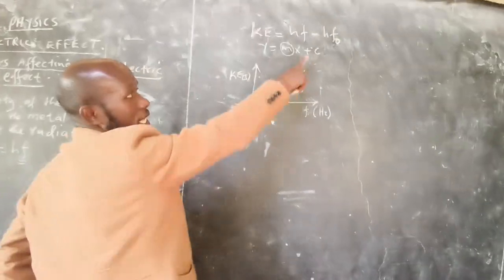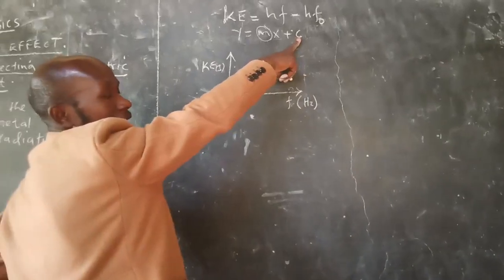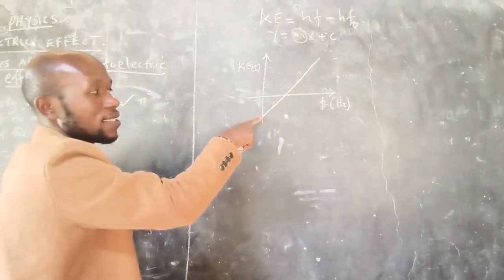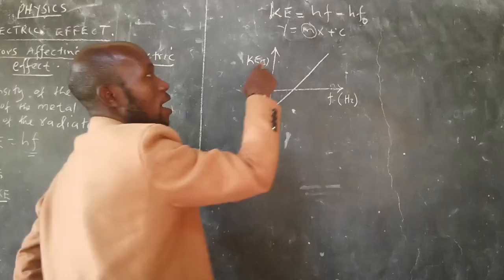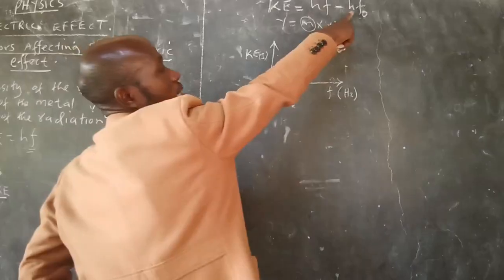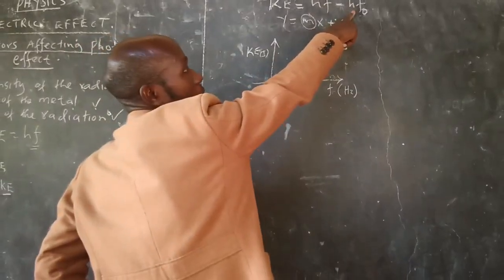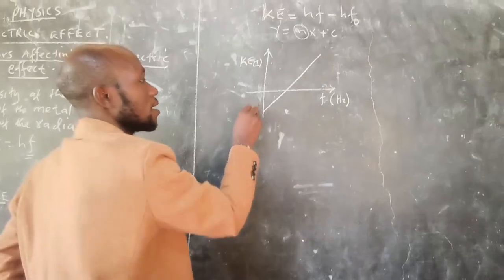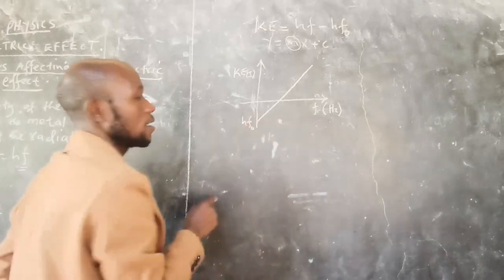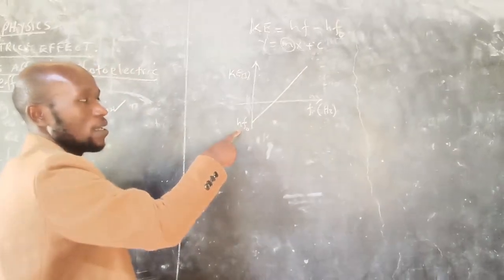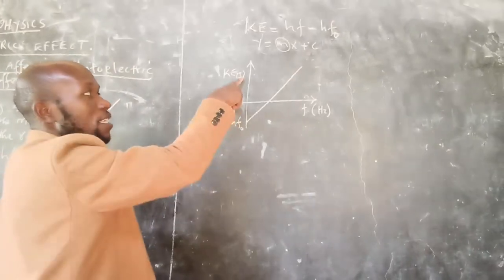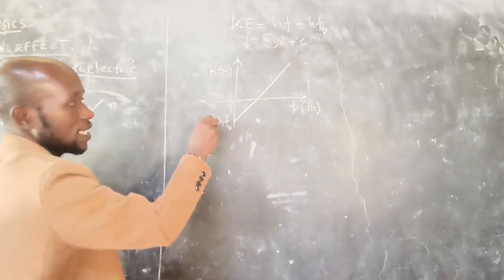Because c mathematically is the vertical axis intercept, our kinetic energy intercept will be represented by hf naught, which is the work function. And this work function will be in joules, so these are at a negative.